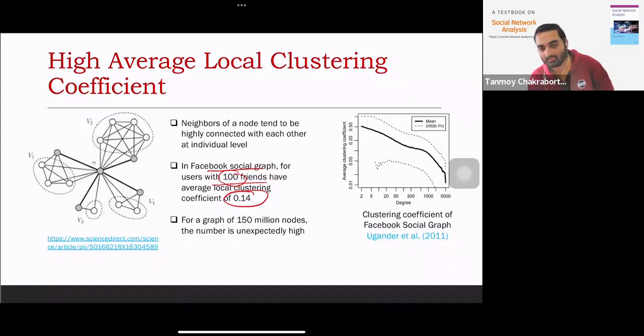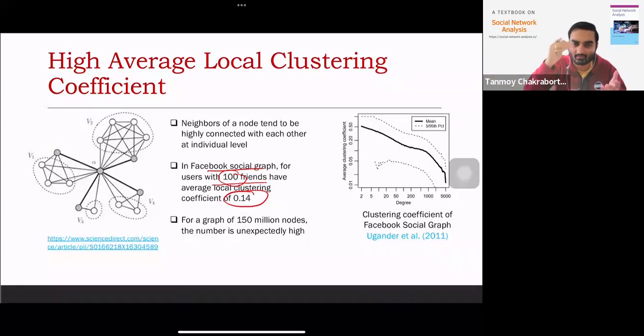This is quite unexpected because, as you understand, as the degree grows, as the number of friends grows, it is less likely that friends would be connected. Say, for example, I have 5 friends versus you have 1,000 friends. It is highly likely that my 5 friends would be more connected than your 1,000 friends.